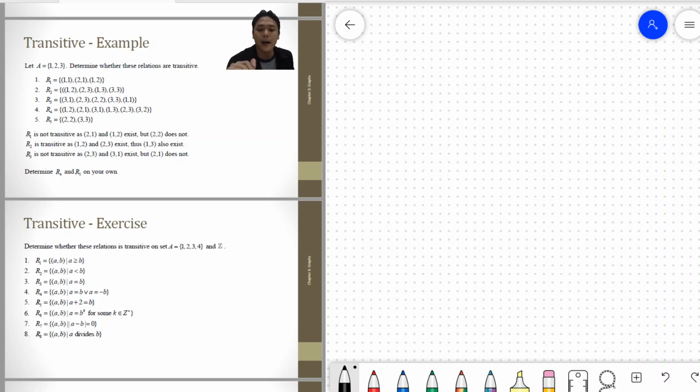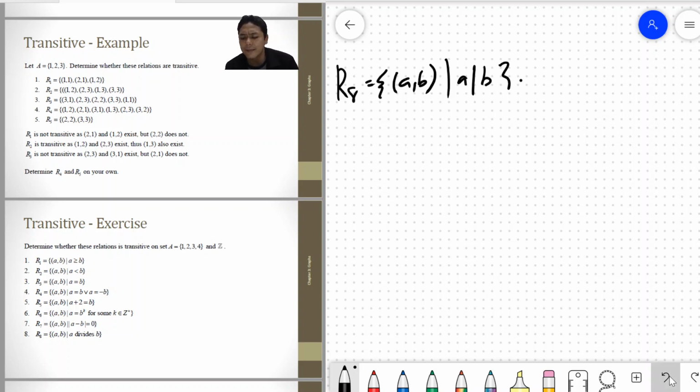The last one, R8. A divides B. Oh, by the way, this is a symbol for divide as well. A divides B. This is like 3, curly bracket.